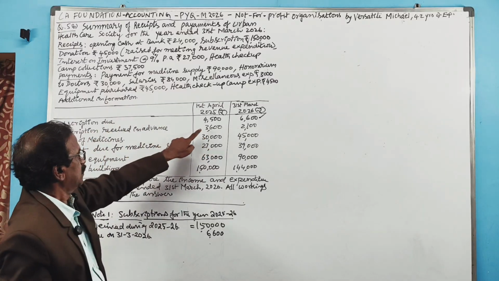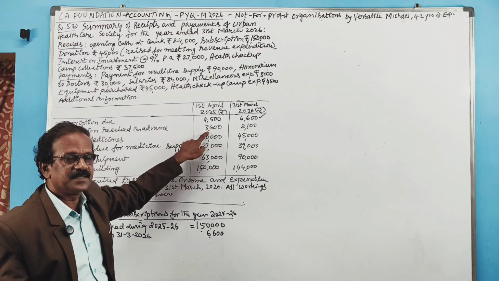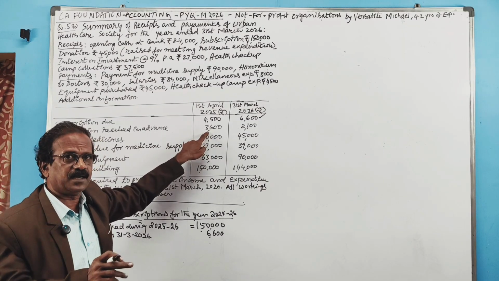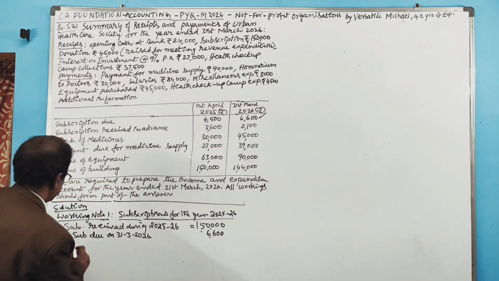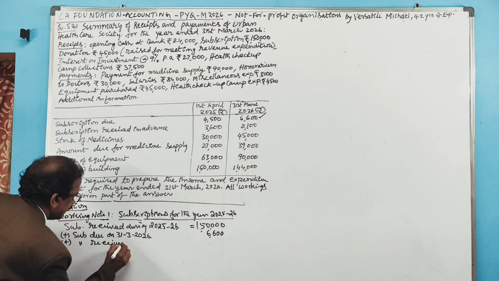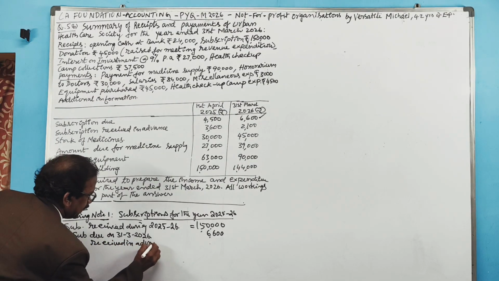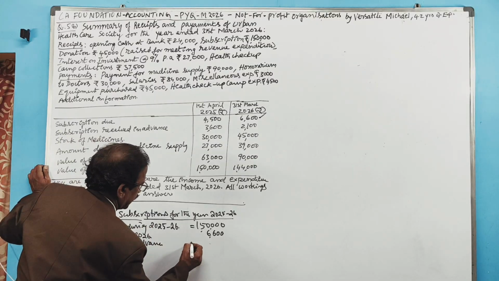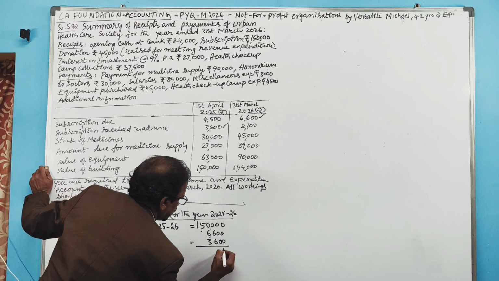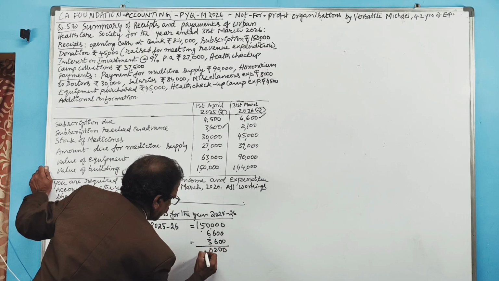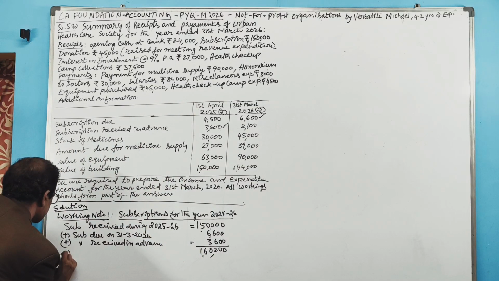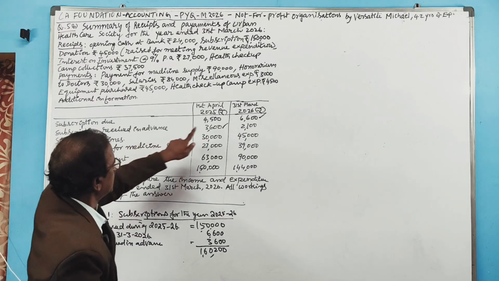So whatever amount relates to the current year should be included. So add subscription received in advance in the beginning, that is 3,600. If you take the total, it is 1,60,200.